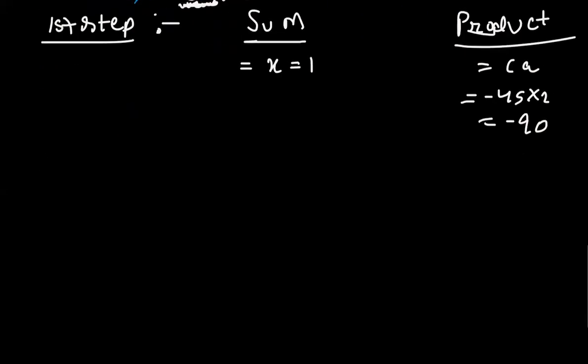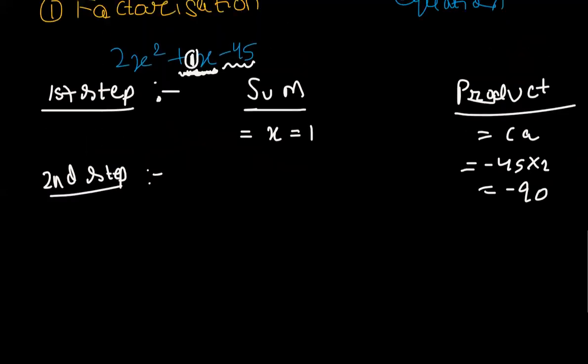Now we need a second step. The second step is the simplest method, because if you find the first step, then you can easily do the factorization method to find the roots. Now if you look closely at the question, it is given 2x square plus x minus 45.